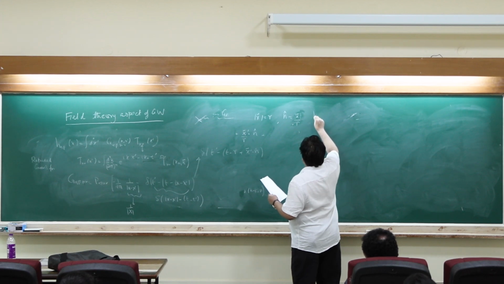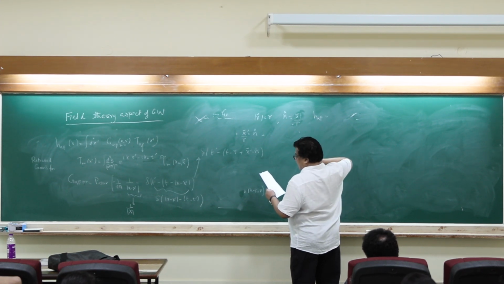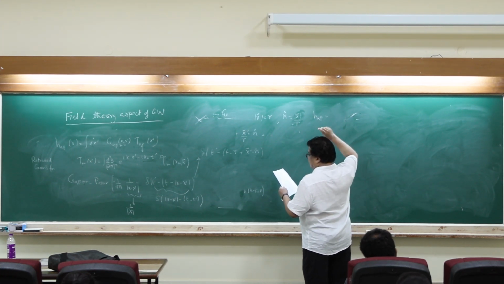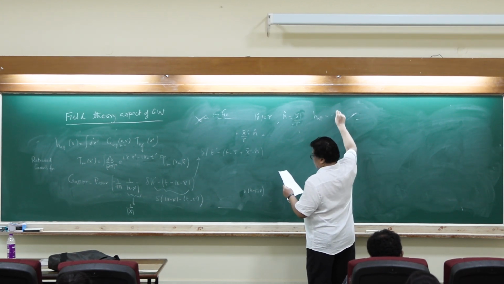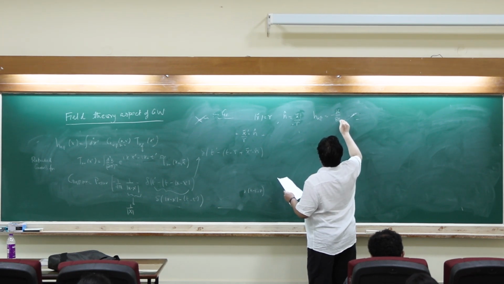So my h alpha beta is equal to eight pi r.